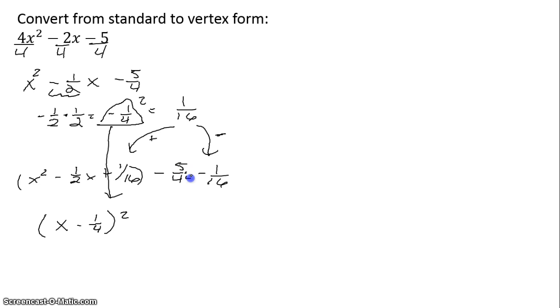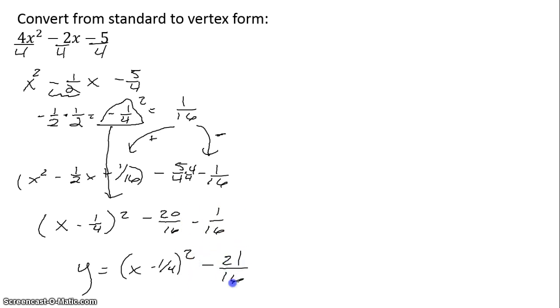Multiply this by 4 over 4. So that gives a negative 20 over 16 minus 1 over 16. So our final answer would be x minus 1/4 squared, negative 20 over 16 minus 1 over 16 is a negative 21 over 16.